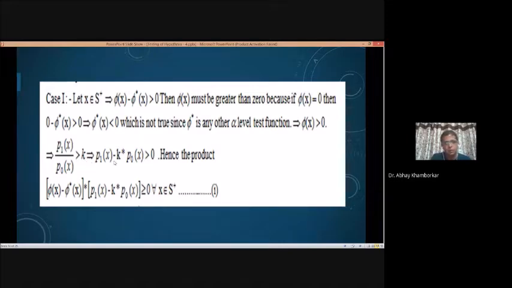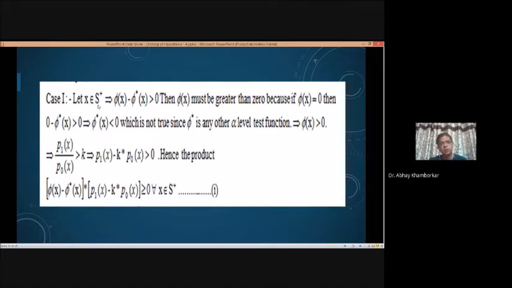In other words, it means that p1x minus k into p0x greater than equal to 0. So ये bracket greater than equal to 0 आ रहा है. This bracket is strictly greater than 0. Therefore, product of these two brackets, that is this particular expression, will always be greater than equal to 0 for all those values of x which belongs to s plus. So this is case 1.